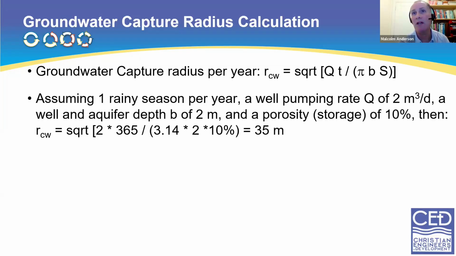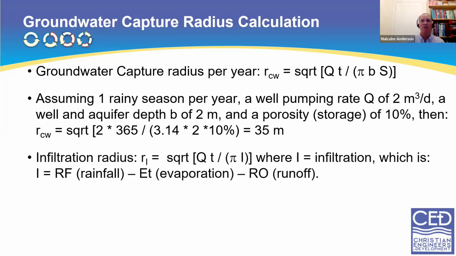And from that, we can then calculate what the value of RCW is, the capture width radius. And that gives us an answer of 35 meters. So I want to make sure my well is more than 35 meters from any hazard. And in fact, you would then put a factor of safety of 2 on that and say, okay, 70 is really where I want to be.